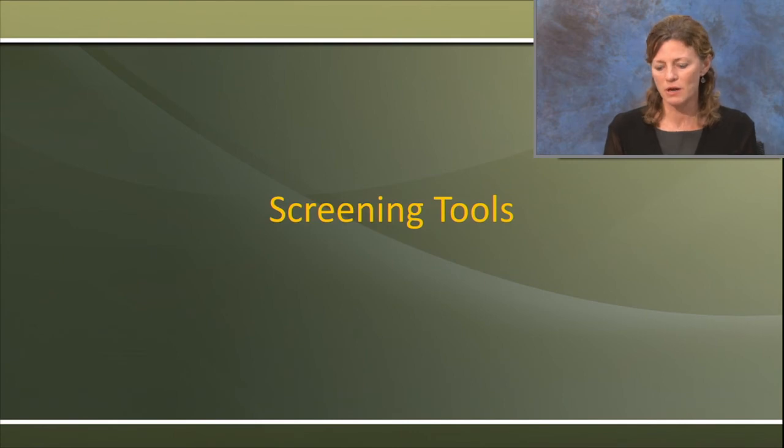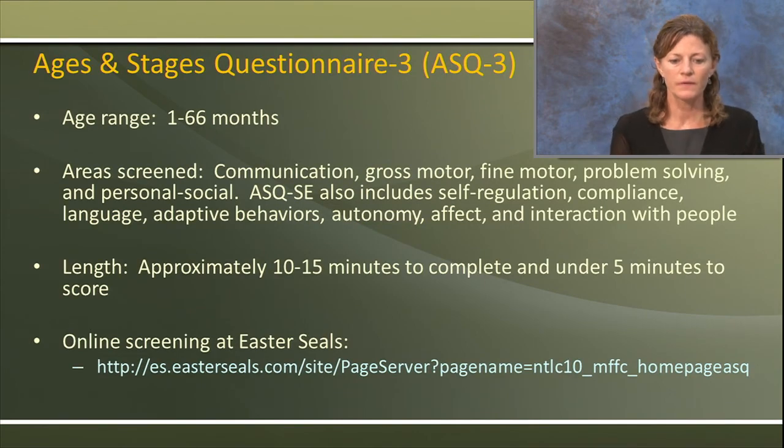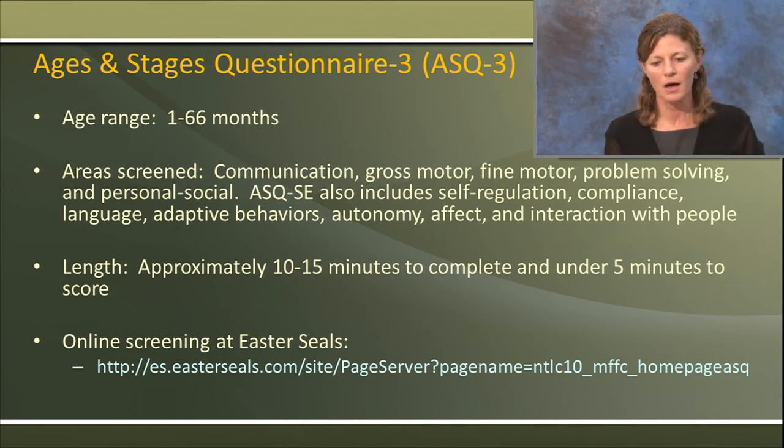All right, we're going to switch over now and talk about those screening tools. The first one I want to introduce you to is the Ages and Stages Questionnaire 3. Now this is a general development screening tool. This is not specific to autism, but I want to talk about it because, number one, this is a tool used in Virginia for general developmental surveillance.